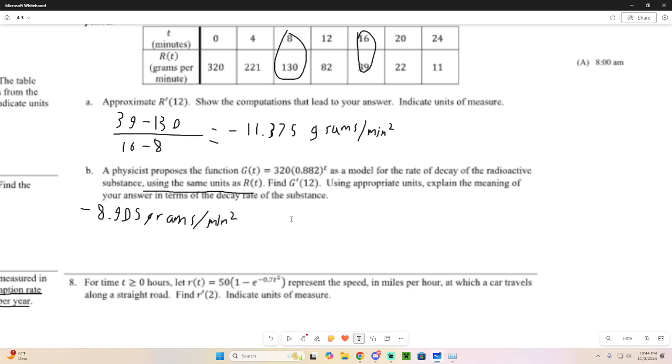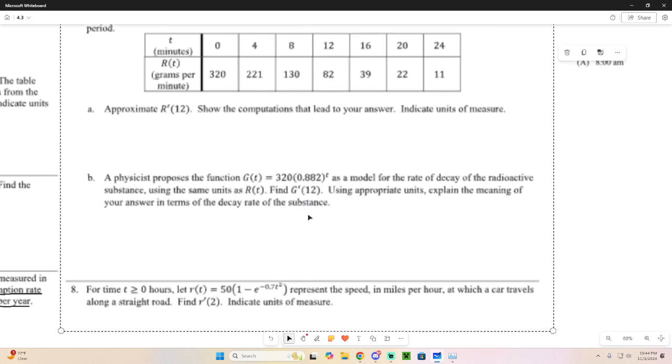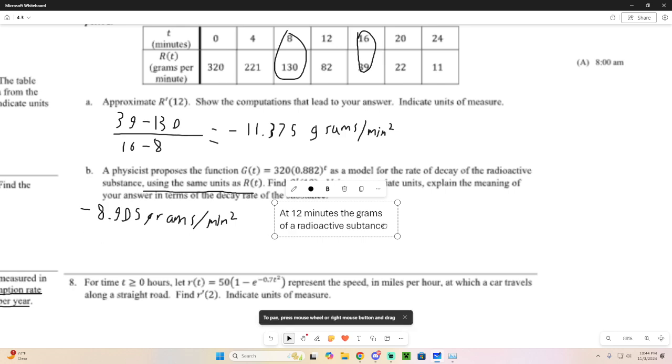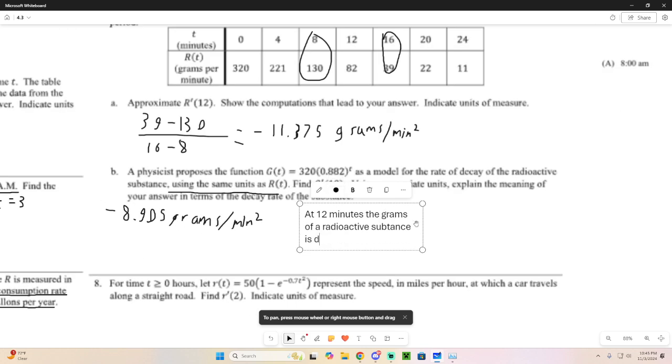And then for explain the meaning, all we gotta say is at 12 minutes this is modeling the rate of decay, so the grams of a radioactive substance is decreasing at a rate of negative 8.905.